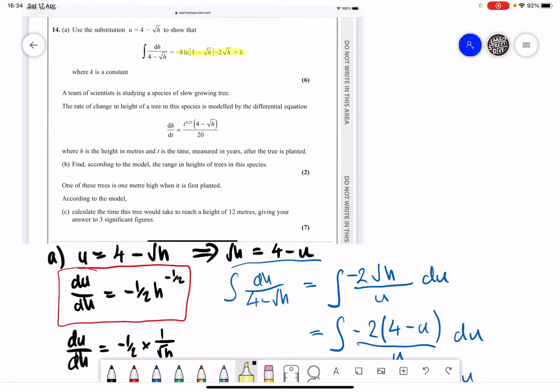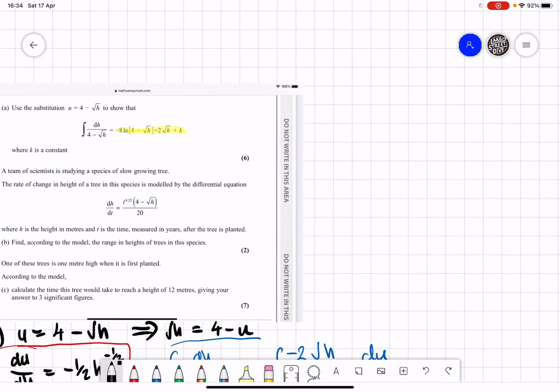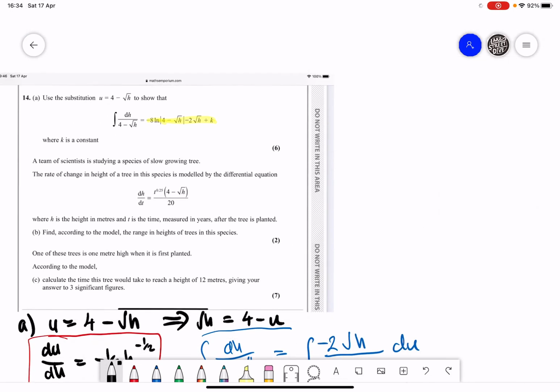Okay, next up, part B. In part B, find the range of the trees. Right, height has to be positive. The rate of growth, I mean, trees don't shrink, assuming that trees don't shrink, dH/dt is going to be greater than 0.